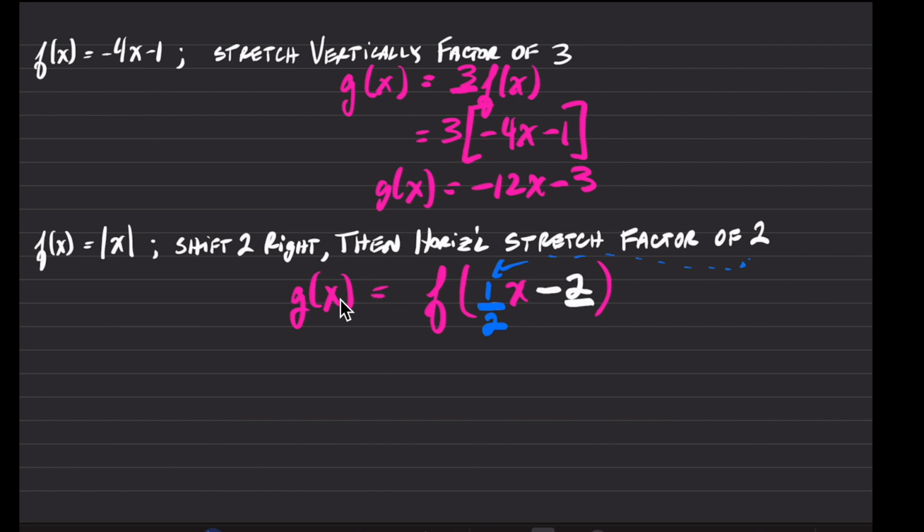Let's go ahead and do that. Here's f of x down here: f of x equals the absolute value of x. For g of x, everywhere we see an x, we're going to replace it with 1/2 x minus 2. And folks, that is your final answer.